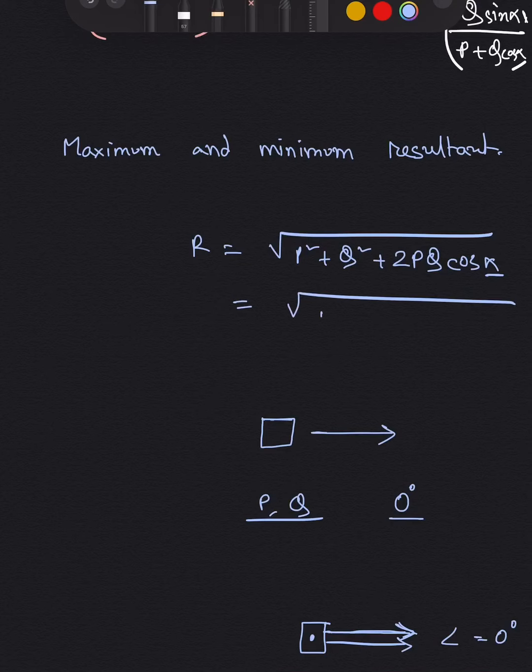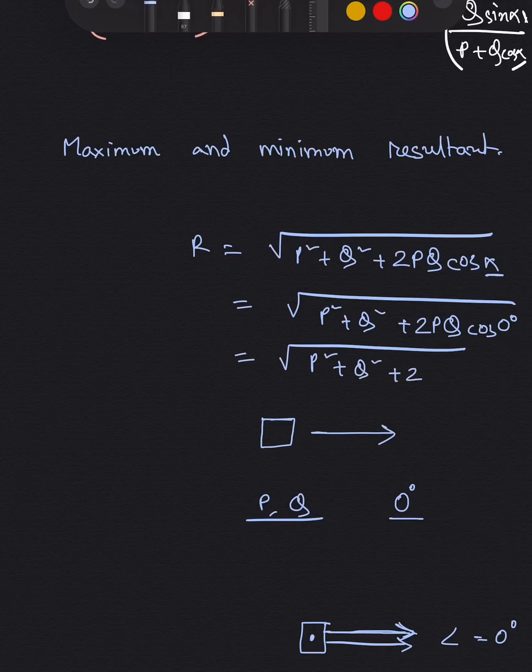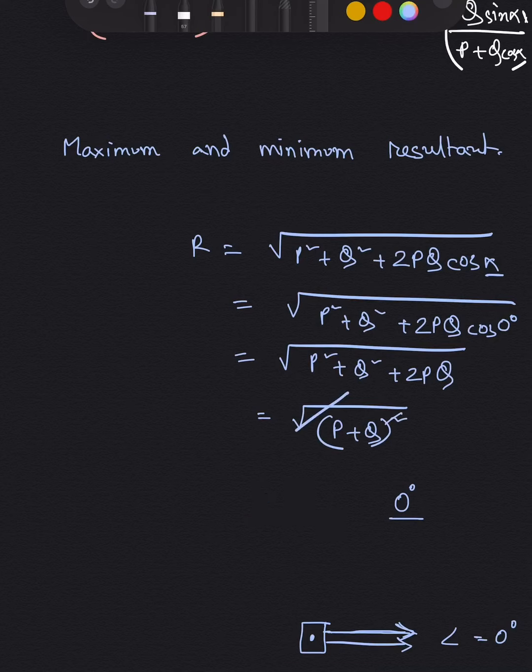We get P square plus Q square plus 2PQ cos 0 degree, which equals P square plus Q square plus 2PQ, because the value of cos 0 degree is 1. Now we get root over P plus Q whole square. The square and root are eliminated, and we get resultant equals P plus Q. This is the value of the resultant when it is maximum. Therefore, R max equals P plus Q.